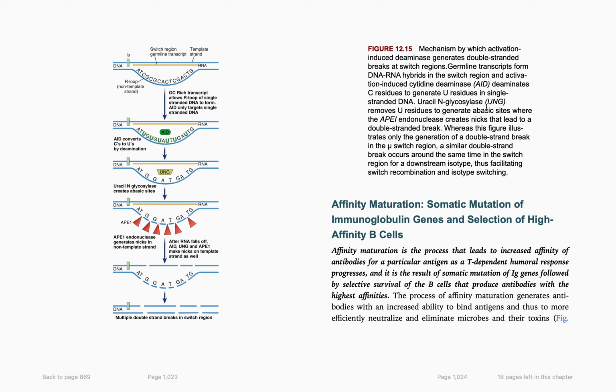Uracil N-glycosylase removes the U residues to generate abasic sites, where the APE endonuclease creates nicks that lead to double-stranded breaks. These figures illustrate only the generation of double-stranded breaks in the mu switch region. Similar double-stranded breaks occur around the same time in switch regions for the downstream isotypes, thus facilitating switch recombination and isotype switching.